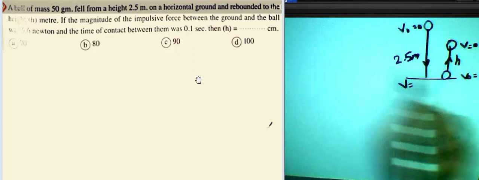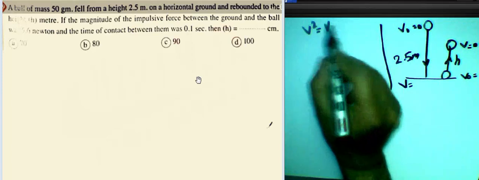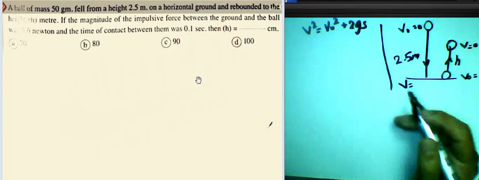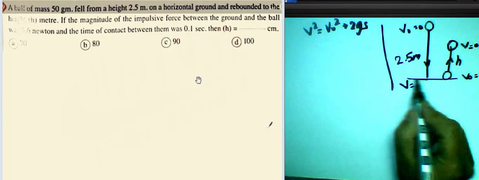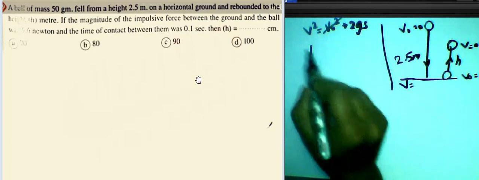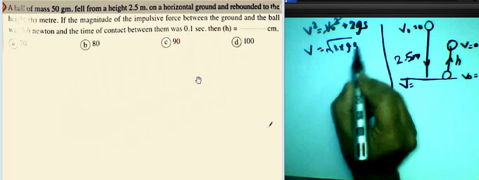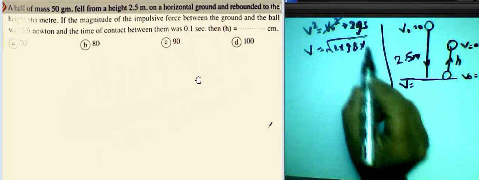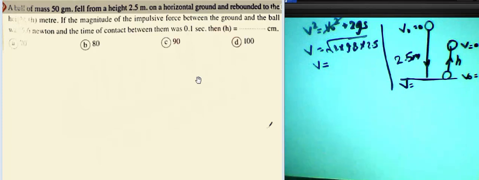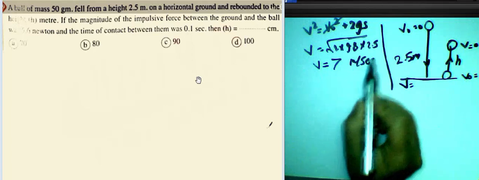Okay, we know V squared equals V naught squared plus 2gs, going downward, so V naught is zero, then V will be the square root of 2 times 9.8 multiplied by 2.5. Then the velocity, using a calculator, will be 7 meters per second.